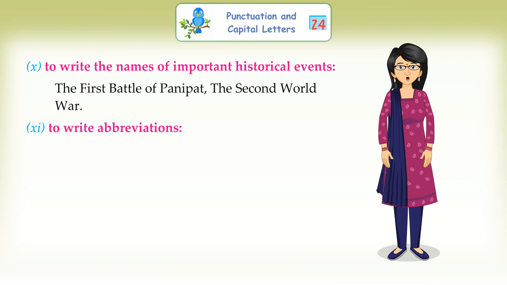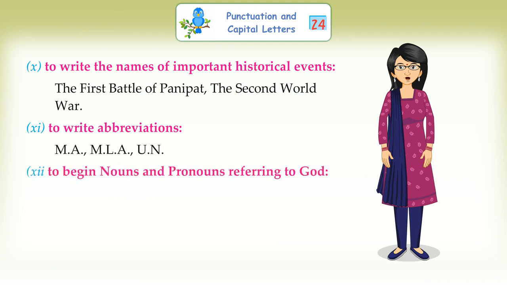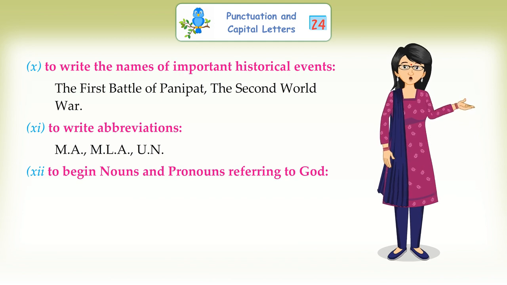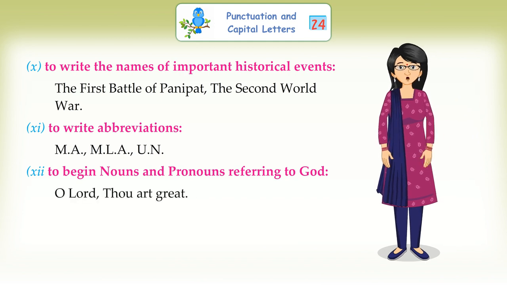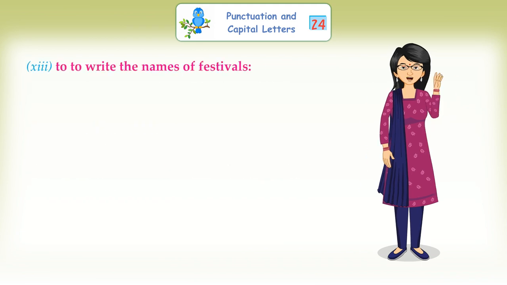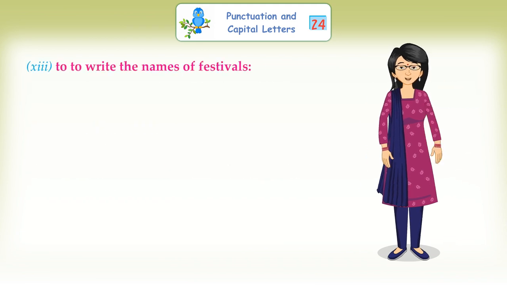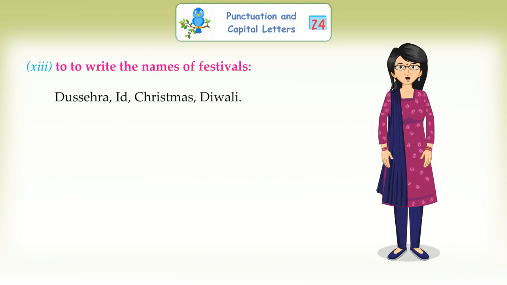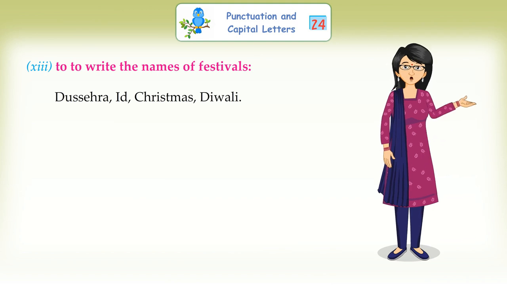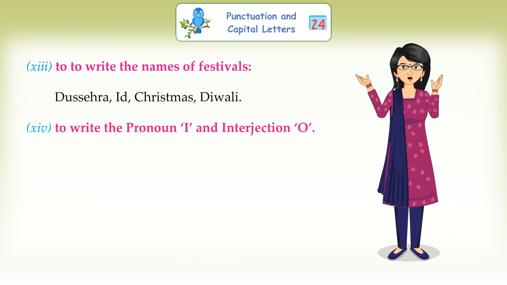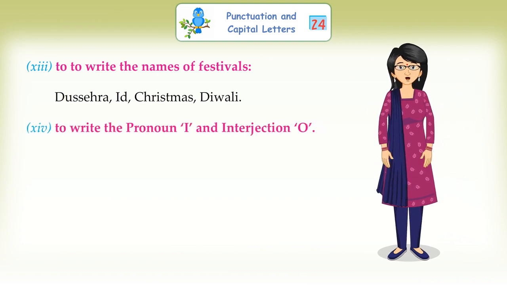To write abbreviations: M.A., M.L.A., U.N. To begin nouns and pronouns referring to God: O Lord, Thou art great. To write the names of festivals: Dashera, Eid, Christmas, Diwali. To write the pronoun I and the interjection O.